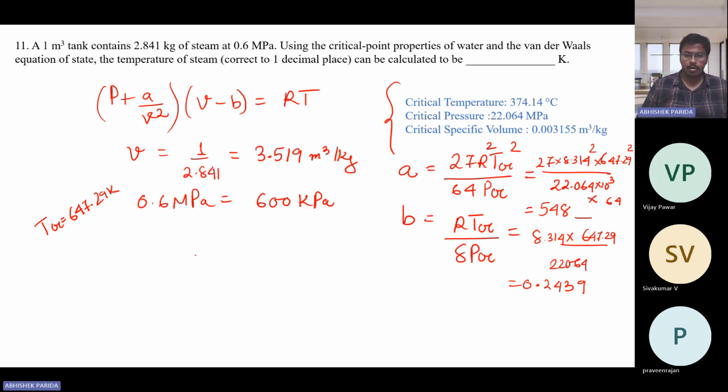Once you get a and b, you have v. v is there, P is there, R is there. We need to find out T. Here the specific volume value, I think, is 0.3519, isn't it, sir? Because 1 divided by... Yeah, correct. So 0.35, yeah. a and b values are correct, no? Did you calculate a and b? Sir, doing it, sir.